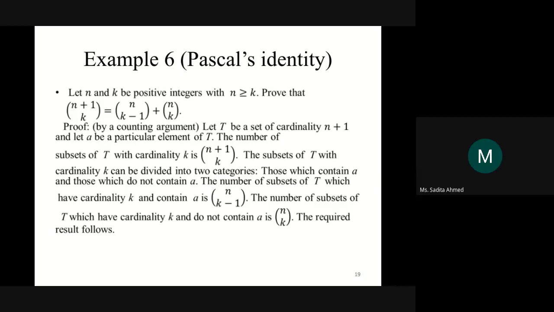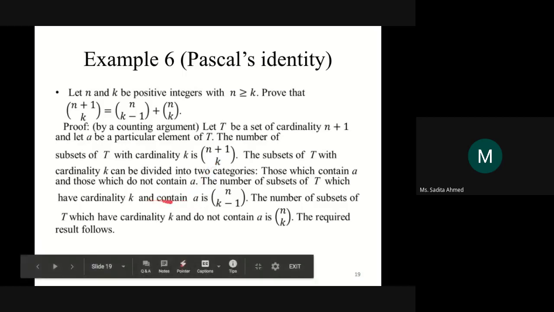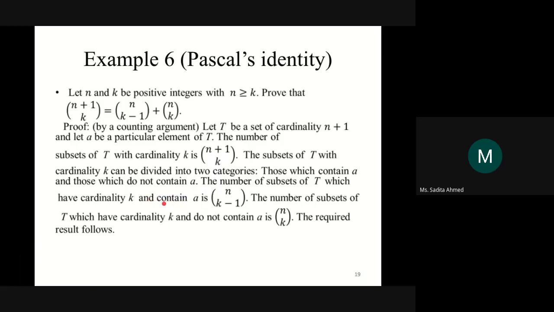Okay. Now, that's the number of options left to choose from. How many choices do we have to make? Previously, we had to make k choices. We had to choose k elements. But now, when you have specified that A will be there for sure, in all of the subsets in this group, A will be there. Haven't you already chosen one of the elements? You've already made one of the choices.